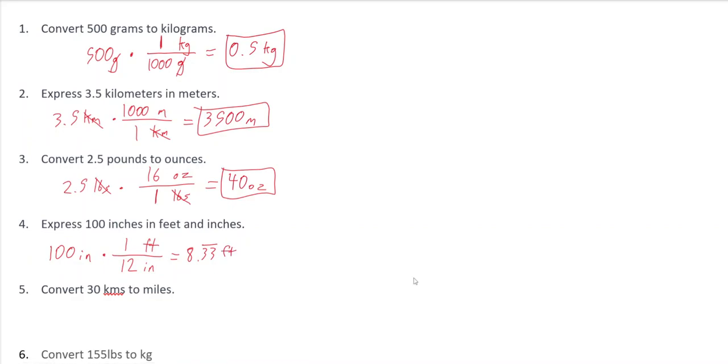Now, if we want to find feet and inches, what we do is we take that number and we truncate it, which means no matter what the value is, we only ever look at the whole number value. So 8 feet, and we switch it back into inches. So we want to get rid of feet and switch it back into inches. So 12 inches per 1 foot.